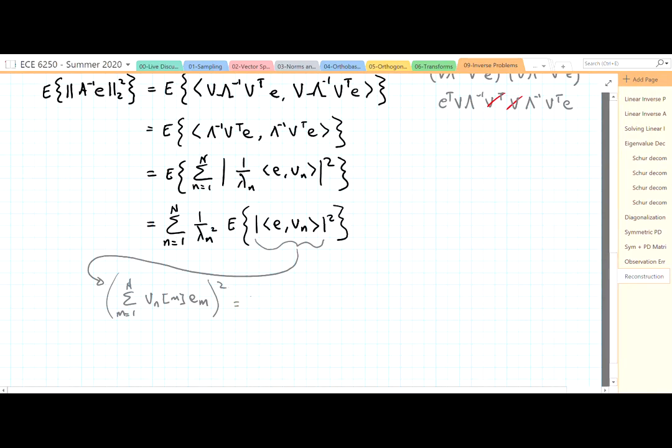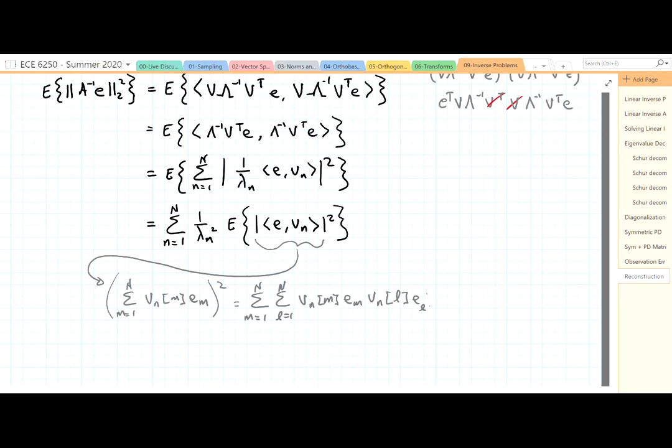So that's going to be the sum, m equals 1 to n, L equals 1 to n of Vn[m] Em Vn[L] EL. And remember, this is all inside the expectation.